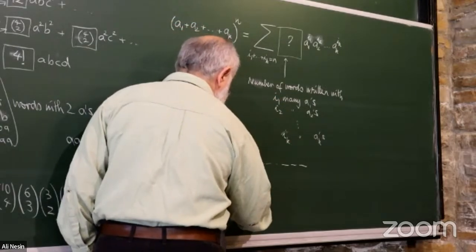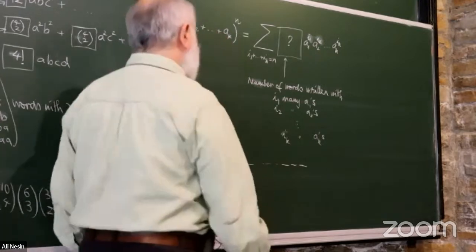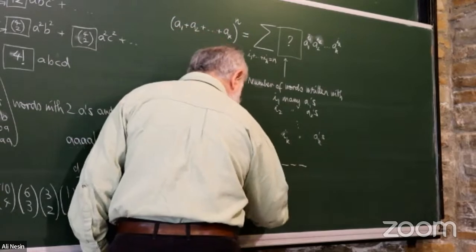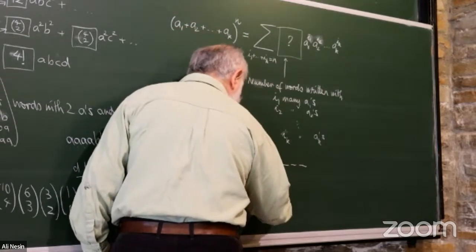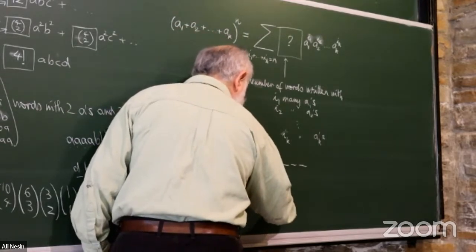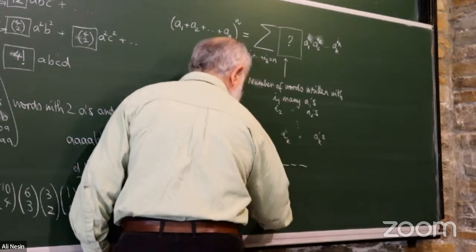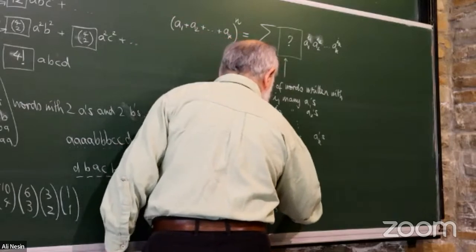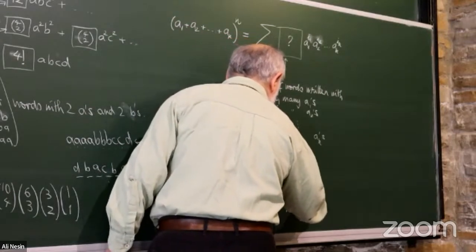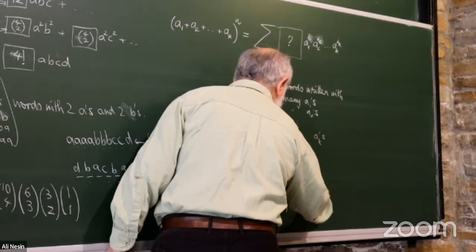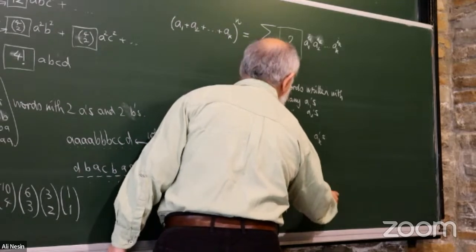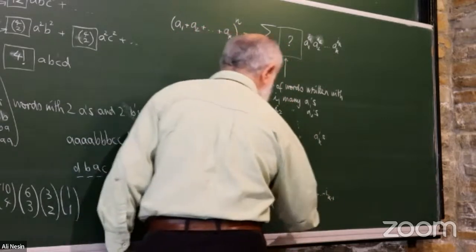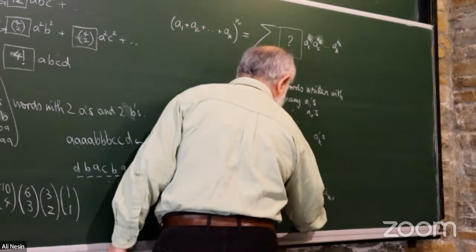And now you have to pick i2 places to put your A2s. Once you have put these, you are left with n minus i1 minus i2 places, and you have i3 places to choose, and so on. Until n minus i1 minus i2 minus up to i(k minus 1), choose ik.